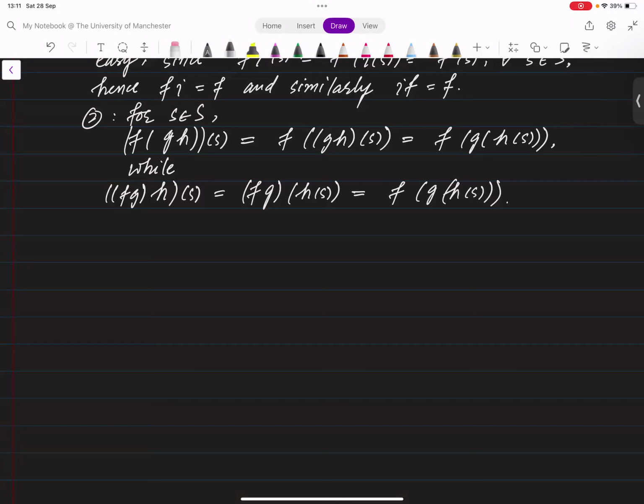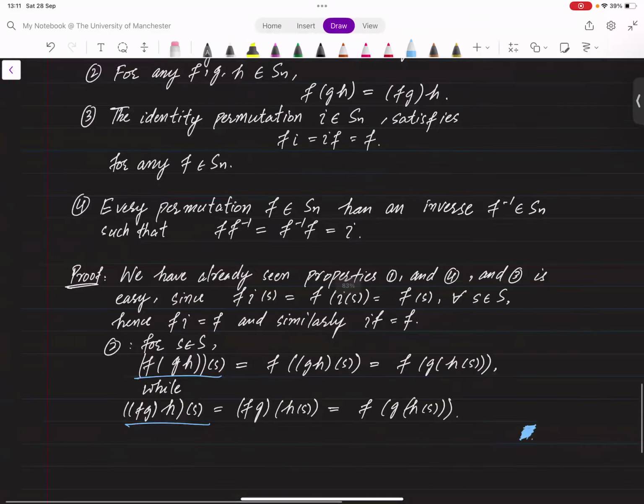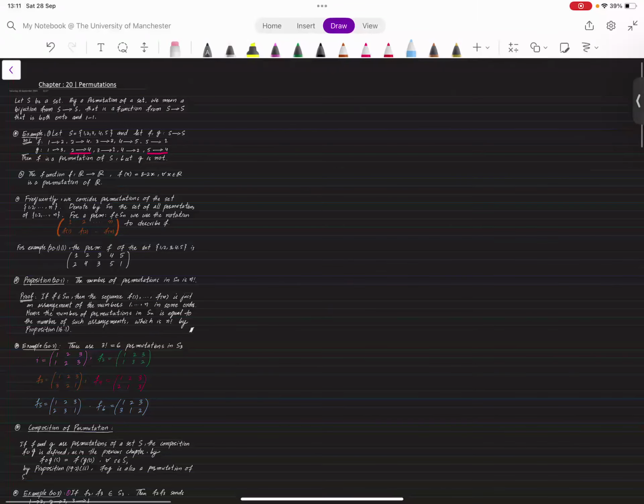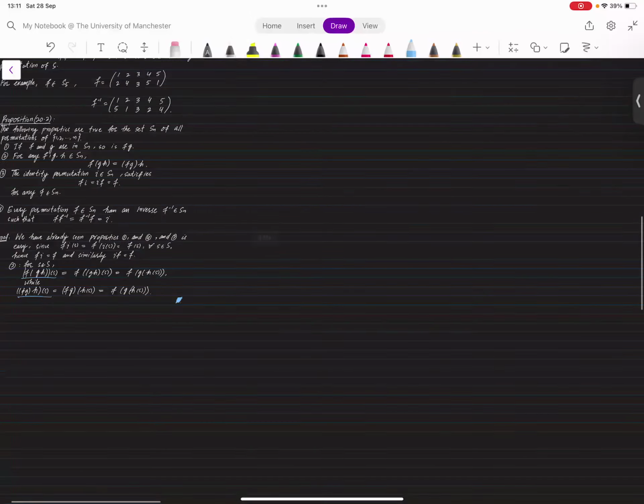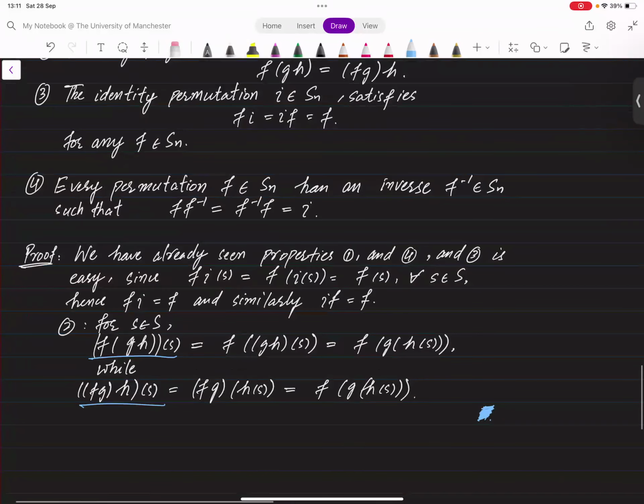So in other words, both this one and this one are the same functions, and this proves the proposition. Okay, and we would like to end this part of the lecture here. We will try to discuss more about them in the next one. Thank you.